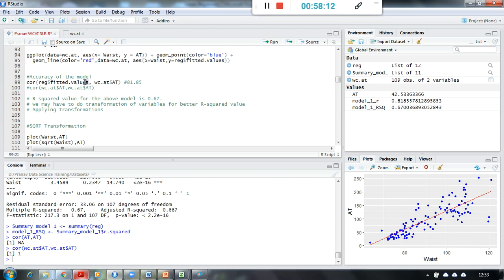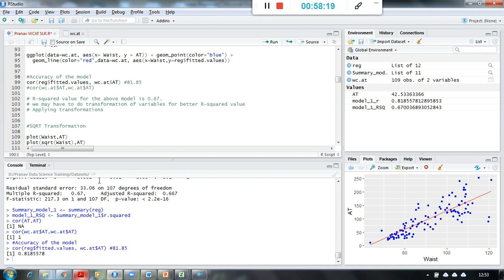So my fitted values versus my actual values, I am checking the correlation between these two. It is giving me my accuracy. If I use this model, my model is 81.85% accurate, which is of course the relationship between the base circumference and AT, if you remember, right?